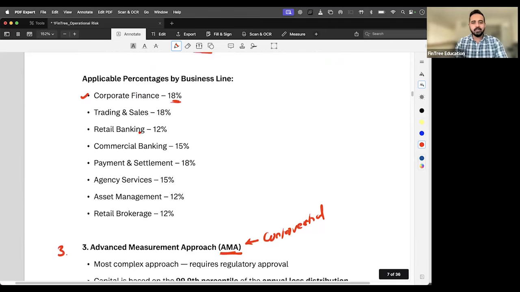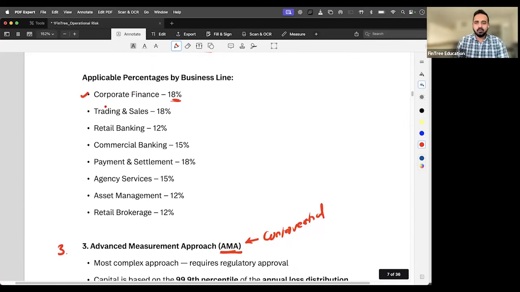All right, so do I need to memorize these items? No, I don't need to. But look at this. How many do we have? 1, 2, 3, 4, 5, 6, 7, and 8. So we have 8 categories here. And remember how we discussed there are 7 main categories of operational risk in the introduction slide.